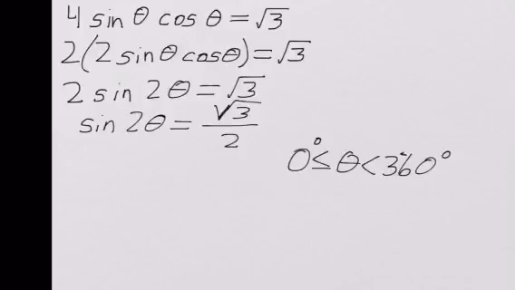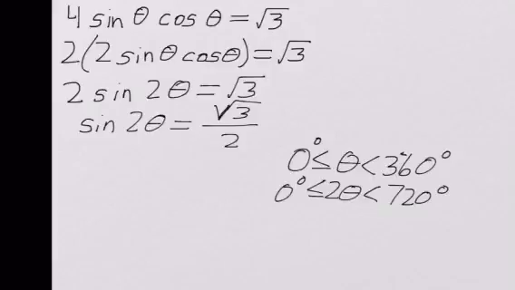Well, now I want that same interval, but we have a 2 theta to deal with here. So we need to double both of our bounds. So lower bound's still going to be 0 degrees. The upper bound's now going to be 720 degrees.